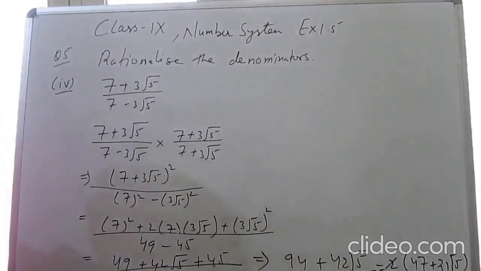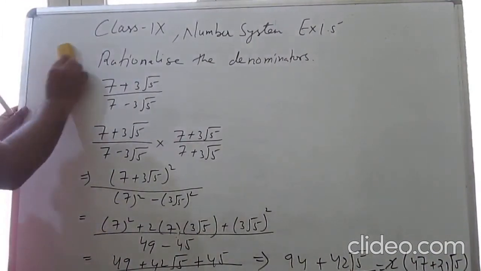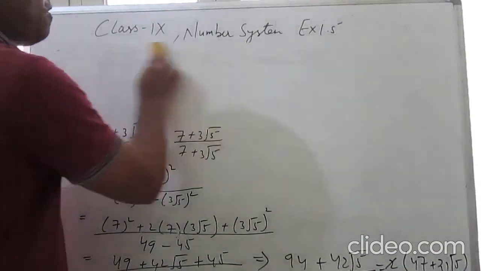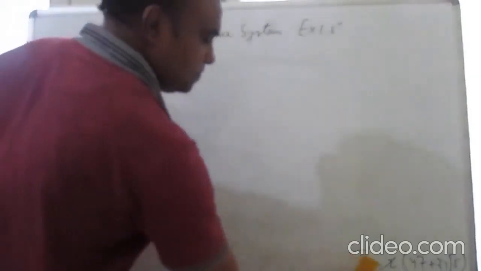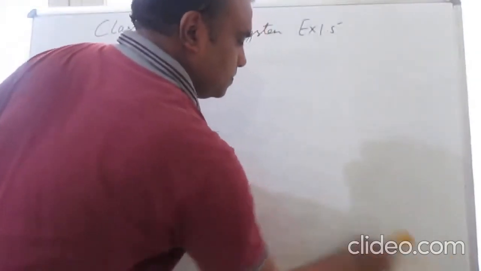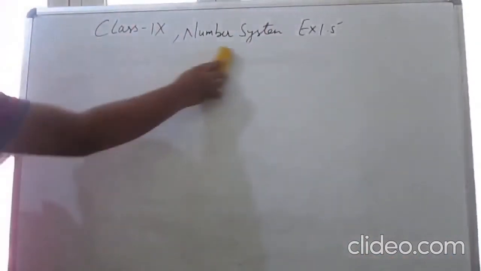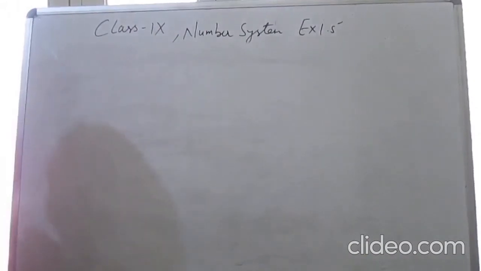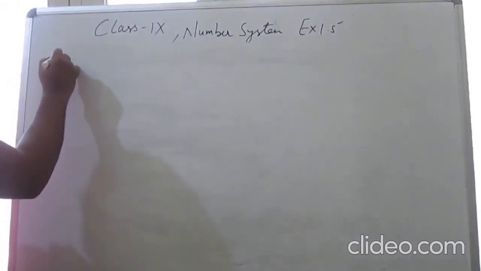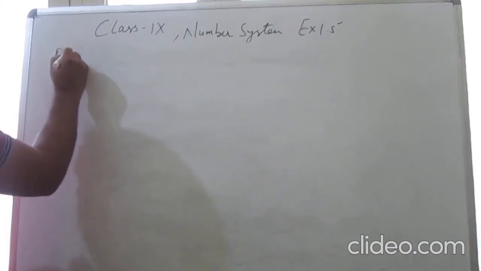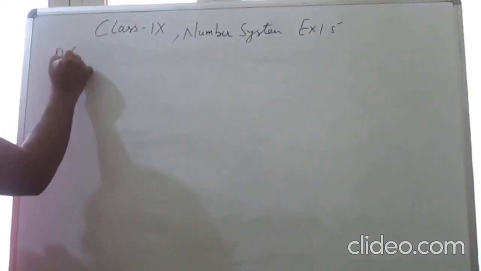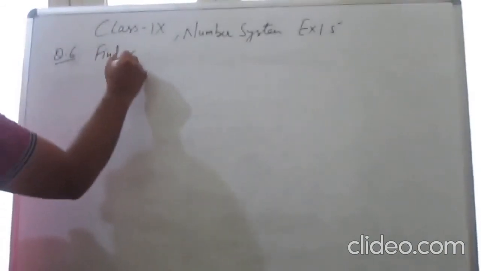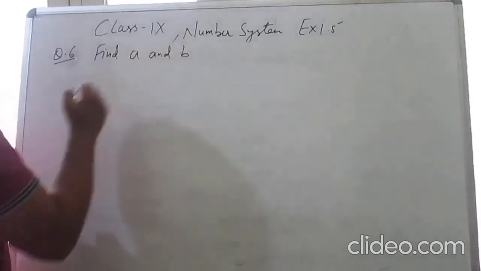Now I will solve another question of this type in a different form. See here. Let it be question number 6. Find a and b.